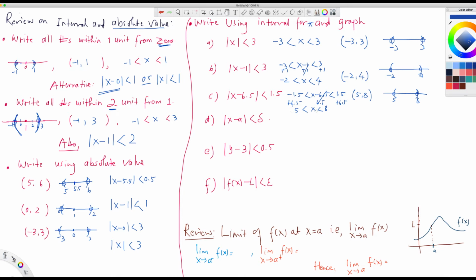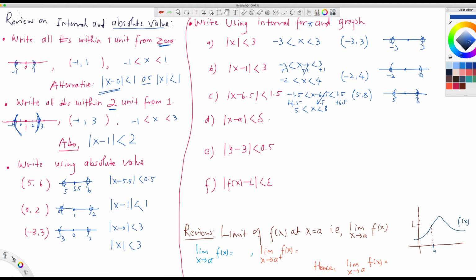All the x between 5 and 8. You see that? What is the midpoint? Midpoint is 6.5, right? All the numbers here are the numbers within 1.5 distance from 6.5. Here, all the numbers are the numbers within 3 units from 1, the numbers within 3 units from 0, and so on, right?